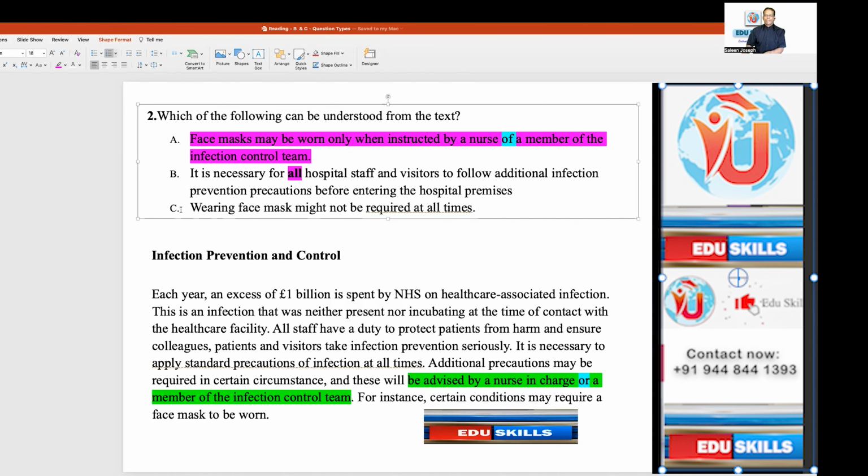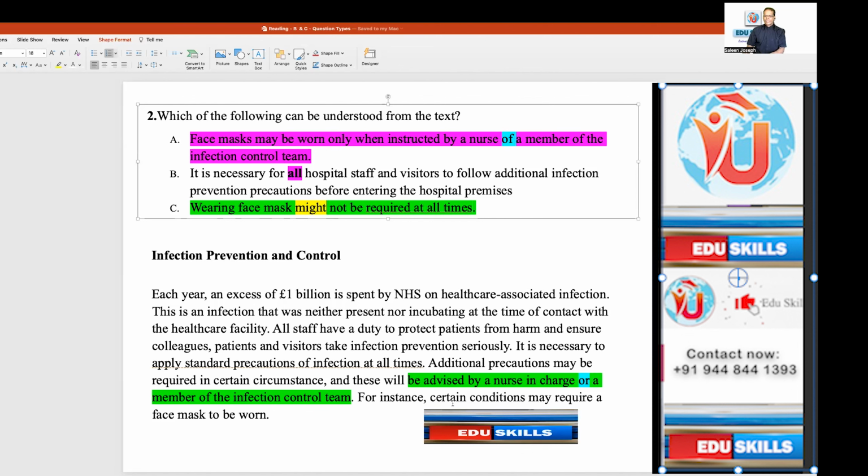Wearing face mask might not be required at all times. There is another strategy being used here. What could you tell me? Modal verb. Modal verb is used. Other than that, negative meaning. Exactly. This is the negative meaning of what?